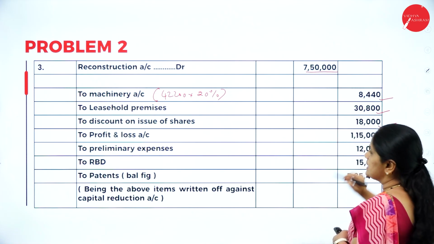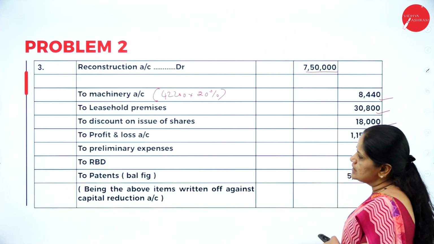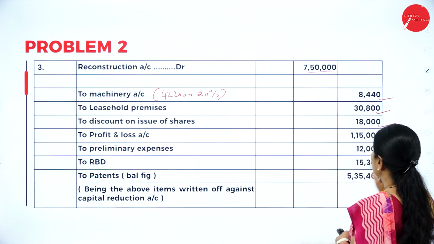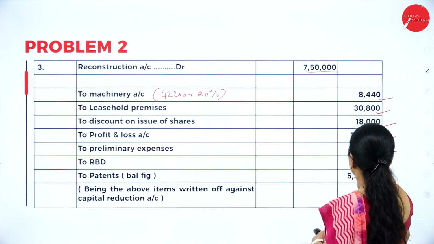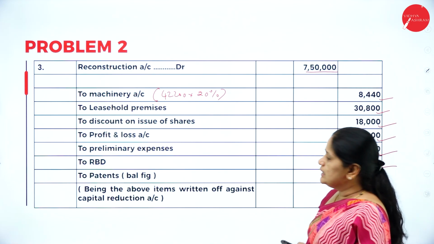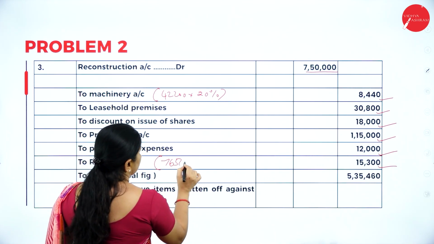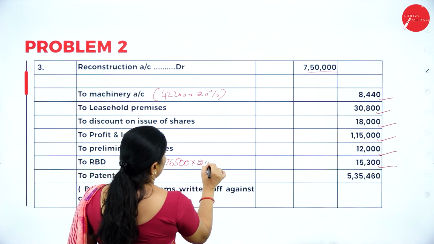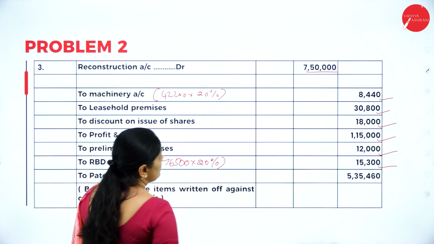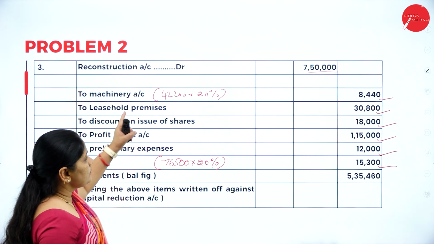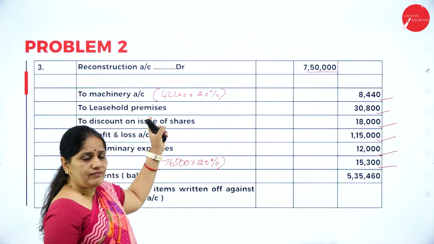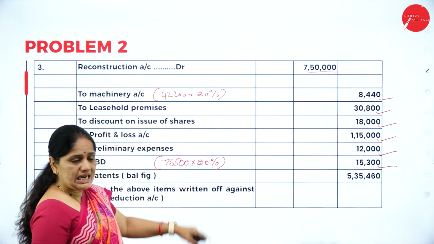Discount on issue of shares 18,000. Profit and loss account 15,000. To preliminary expenses 12,000. To RBD 15,300. So how did I get 15,300? 76,500 into 20%. So we are supposed to write off 20% on the machinery value and 20% on the debtors value.